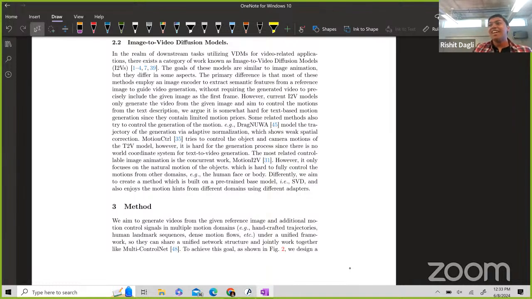The paper's very dense, I just skipped through it.